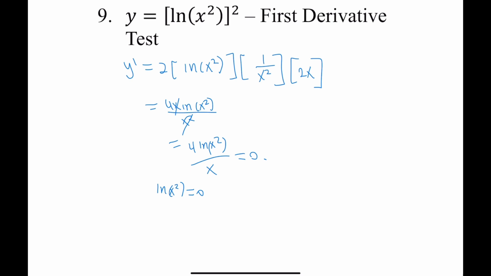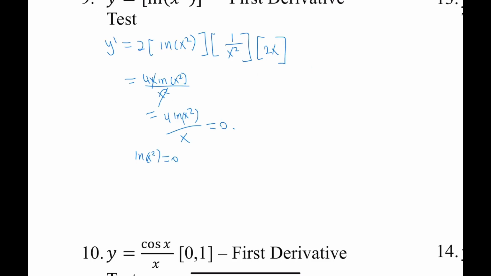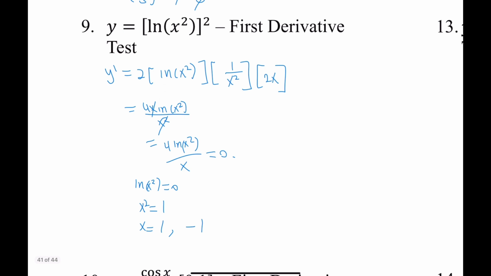When you think about it, ln x squared never equals 0 because it has an asymptote... never mind. Ln x squared is equal to 0 when x squared equals 1, so x is equal to 1 or negative 1. Yeah, that's right.